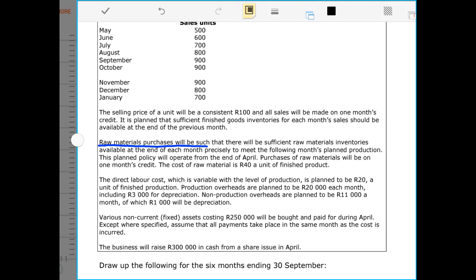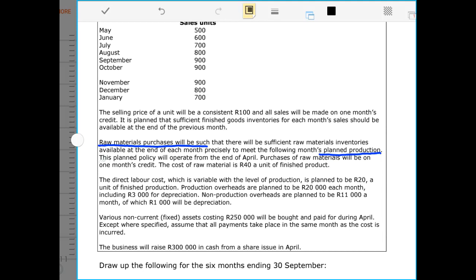So now in other words, they are telling us that when we purchase raw material, it should be such that by the end of the current month there is sufficient raw material purchased that will be equal to the planned production of the next month. It means, in other words, the purchase of the current month should be equal to the closing stock, and the closing stock will be equal to the planned production of the next month. However, I will explain that when we do the budgets.